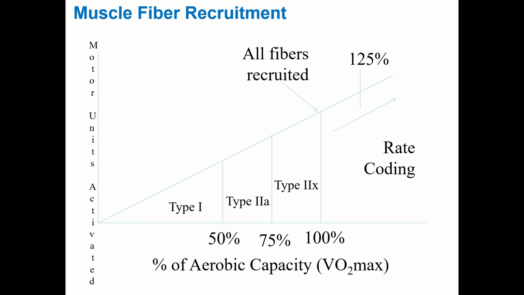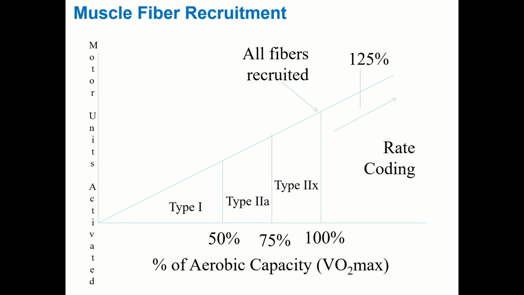And then they go out there on race day and they're like, oh, I can't let that guy beat me. And so now they're running kind of over here. They're having to use their type 2X fibers, but because they never ran at that pace in training, they never trained those fibers. Those fibers don't have more mitochondria than they did before. They don't have more capillaries. They're not as oxidative as they could be, right? So you have to recruit those fibers in order to cause them to make those adaptations.